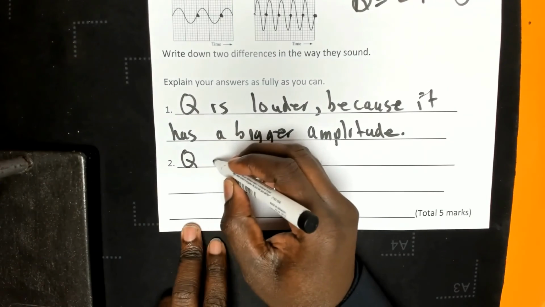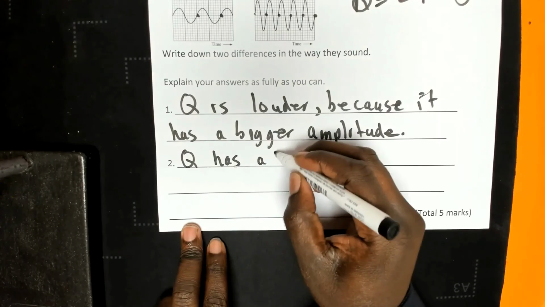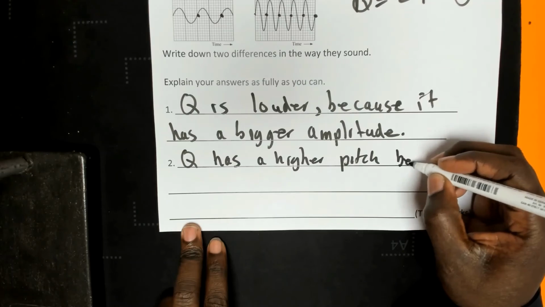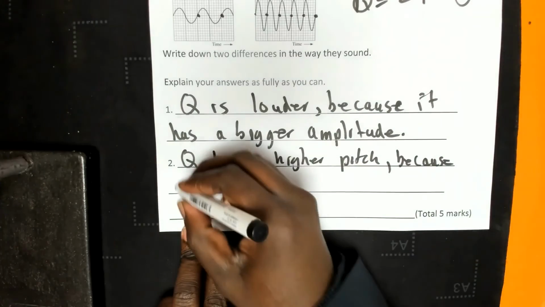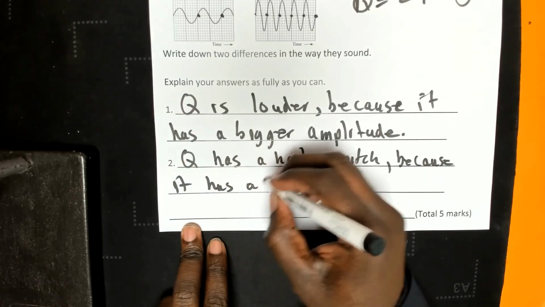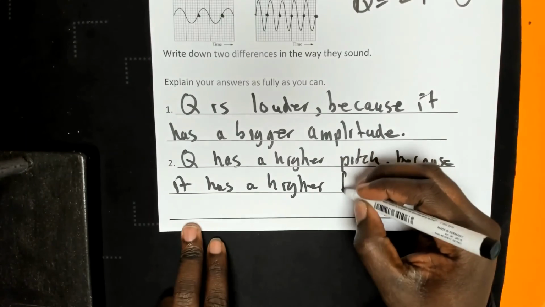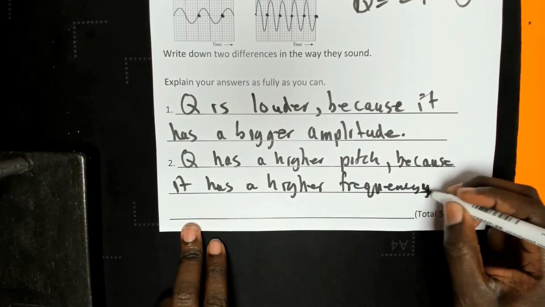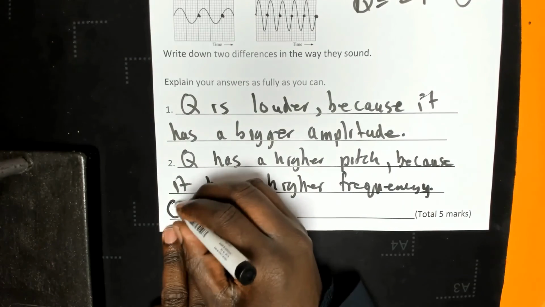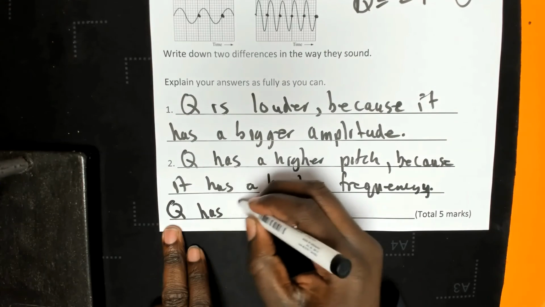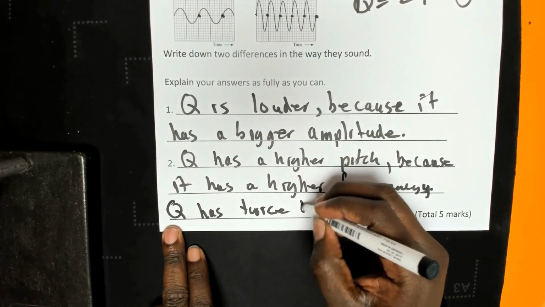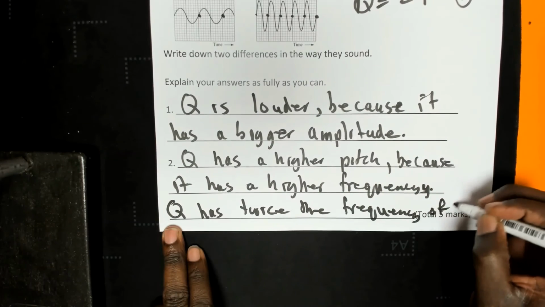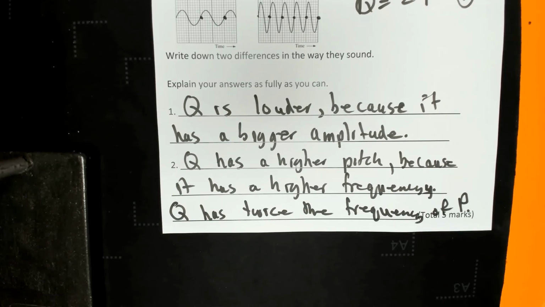And Q has a higher pitch because it has a higher frequency. And you could say Q has twice the frequency of P, and that's 5 marks there.